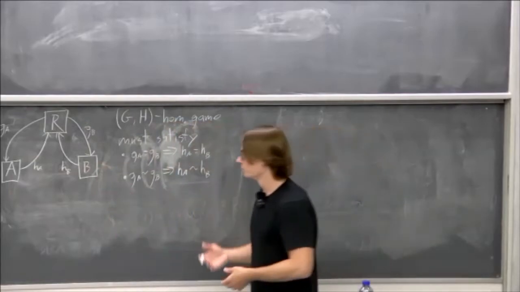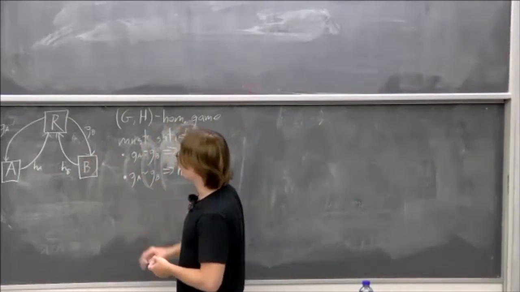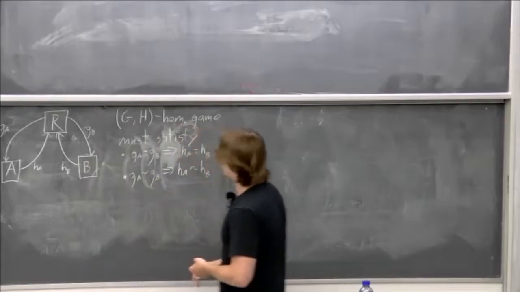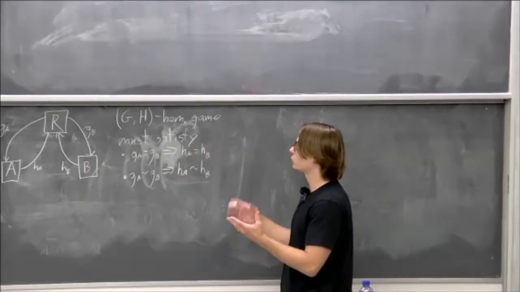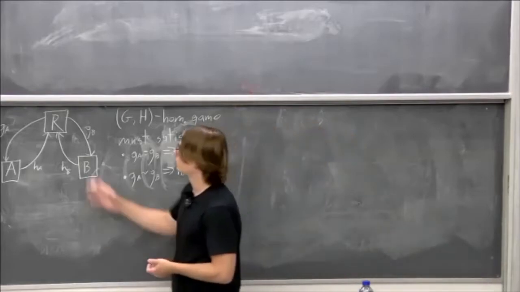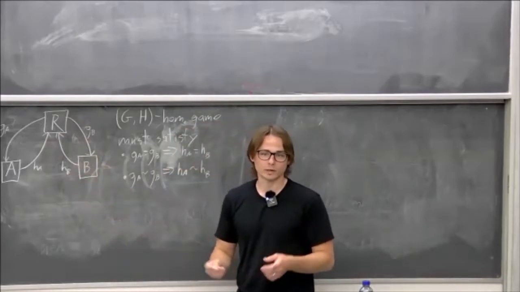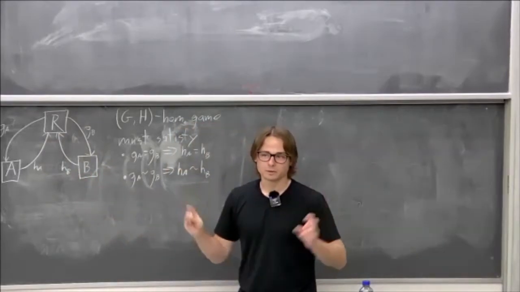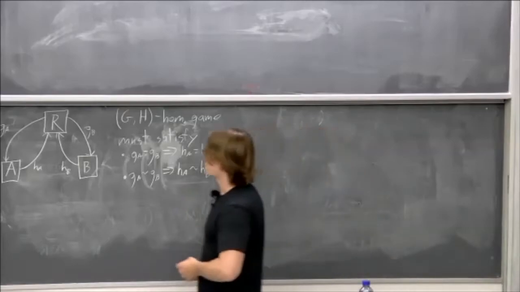We want them to win regardless of what the referee sends them. You can think that the referee sends vertices with some uniform distribution, and we want them to win with probability 1, so they need a strategy that allows that.